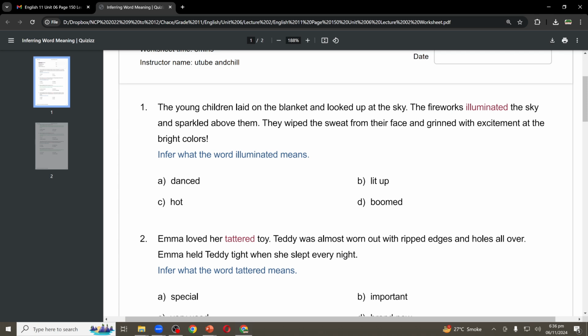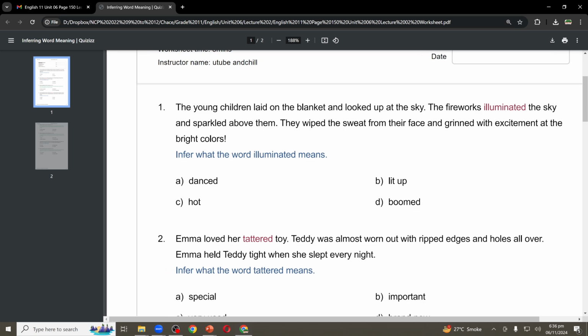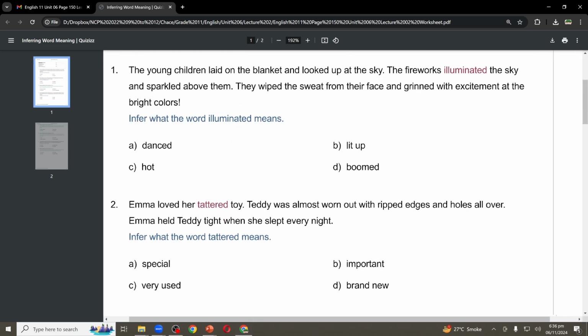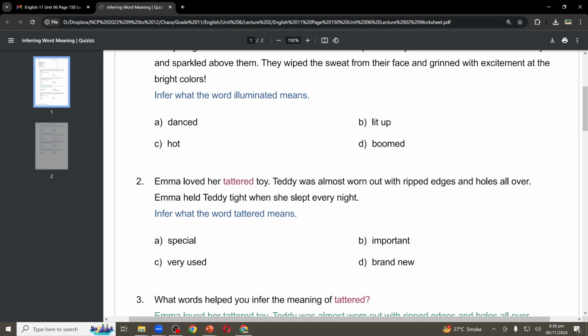Lit up, boomed, danced, or hot? The fireworks have light, so it lit up the faces of the children. So lit up, option B is the correct one.